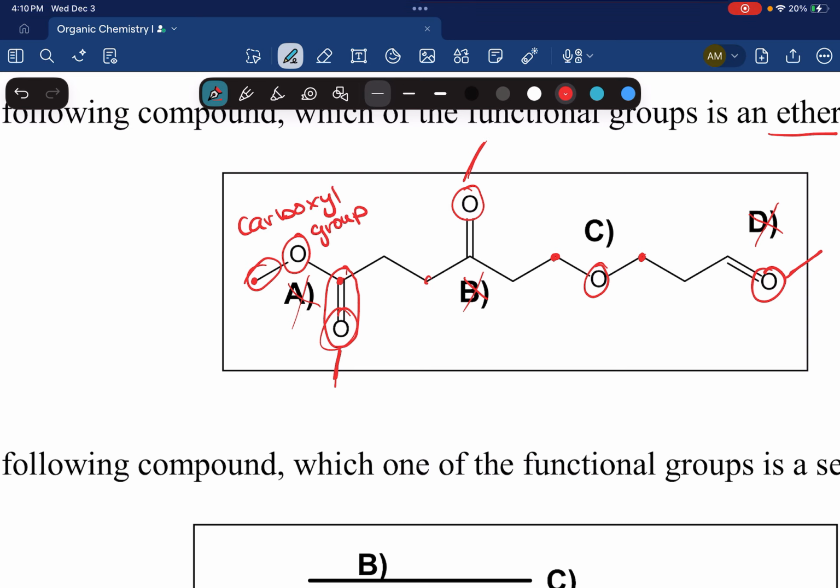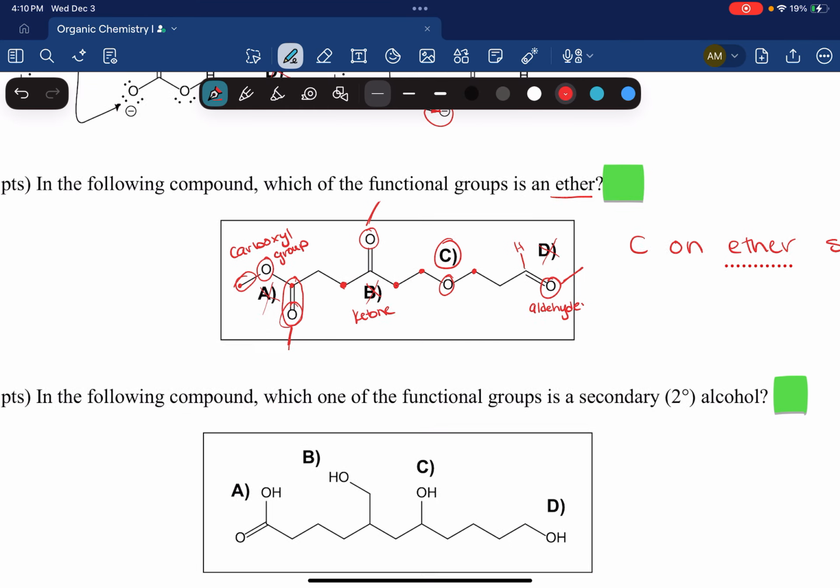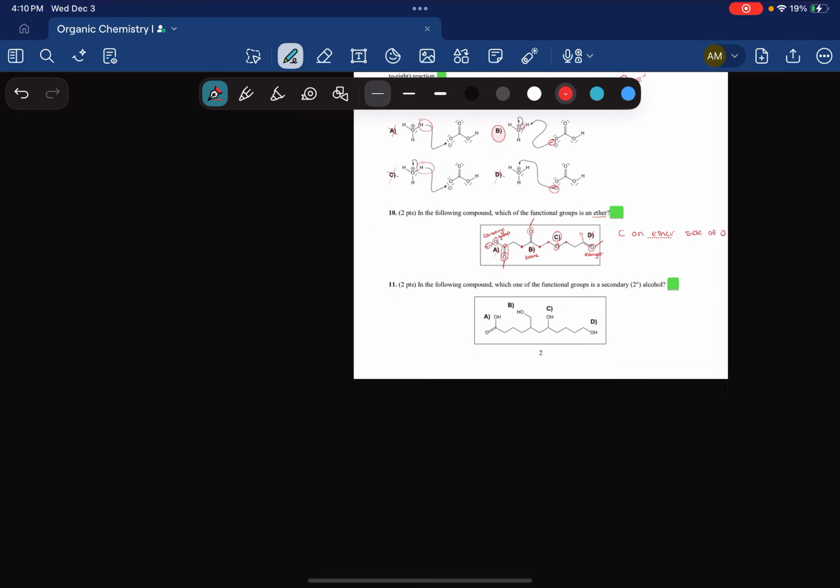This is an oxygen double bonded and it's got carbons on either side. It's a ketone. This is our ether, and this is an aldehyde. Actually, yes it is, because it has a hydrogen bonded to the other side. So that's an aldehyde. Okay, cool, C.